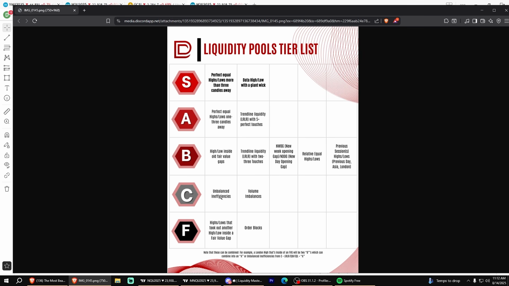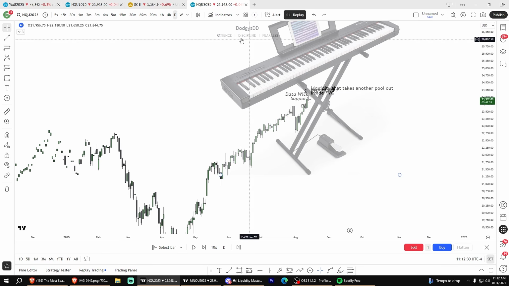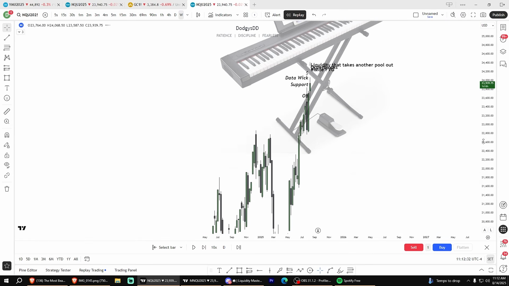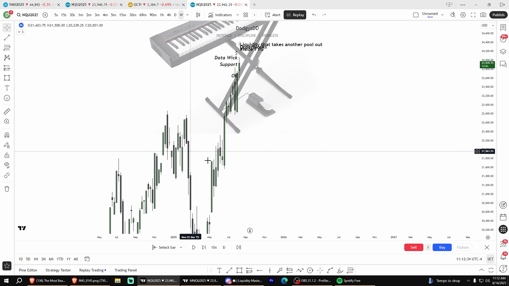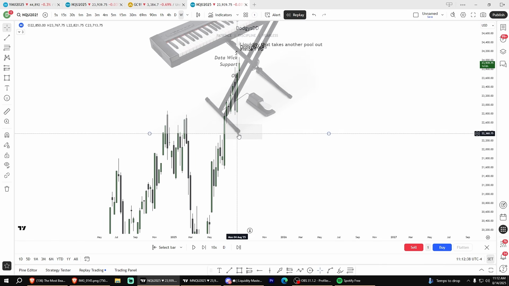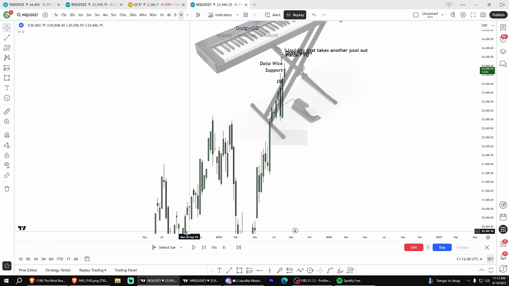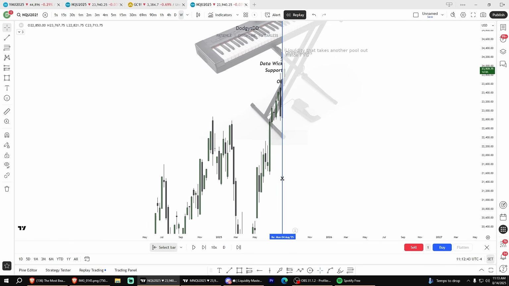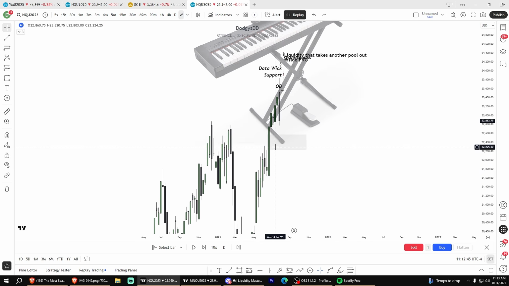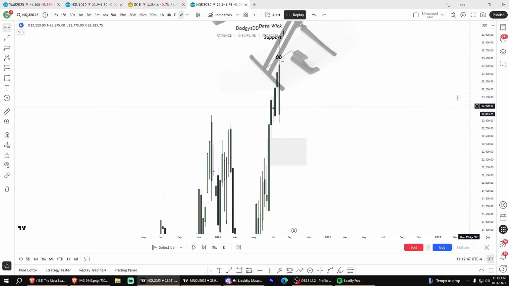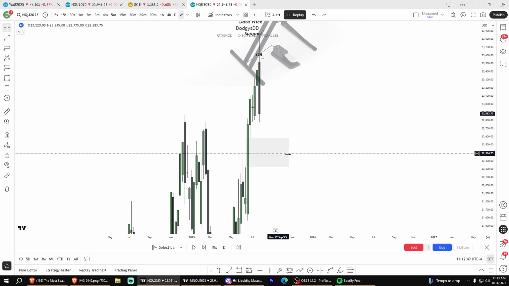Next one, unbalanced inefficiencies. Now, a lot of you might disagree with this, but unbalanced inefficiencies alone are not the best draws on liquidity. For example, here we had a weekly fair value gap. A lot of people last week were targeting this weekly gap, and I get it.